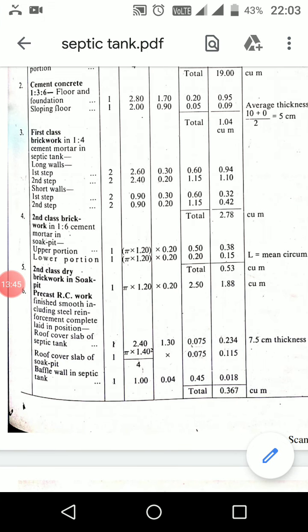Okay, so first step, two numbers 2.6 meters multiplied with thickness, that is breadth, that is 0.3 and height is 0.6. The total quantity of first long wall, that is 0.94, and the second step, two numbers 2.4 meters multiplied with the breadth, that is 0.2, and height it is 1.15. See how it comes.